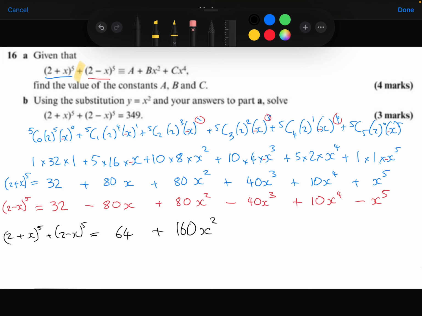The x cubed terms cancel out. I have 10x to the power 4 plus 10x to the power 4 is 20x to the power 4. And the x to the power 5 terms cancel out. So a is 64, b is 160, and c is 20. So that's my answer to part a.